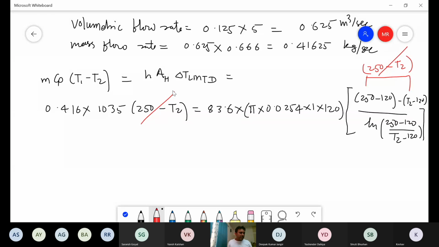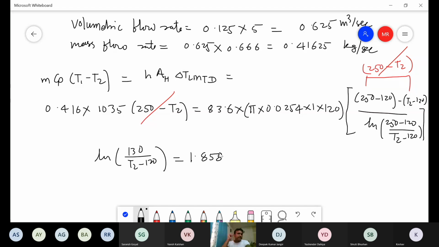So if I rearrange everything, what I am supposed to get here is ln of 130 divided by T2 minus 120, since 250 minus 120 is 130, and that should be equal to 1.858. Just check whether this is the same.